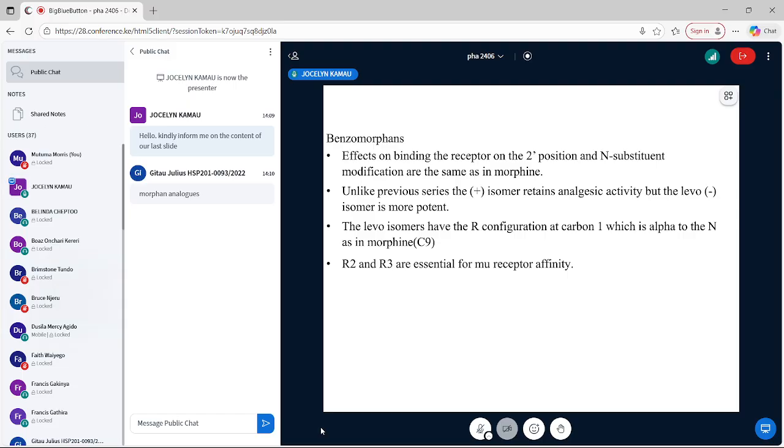If it carries the alpha orientation, the resultant compound is slightly more active than morphine, but almost equipotent, and therefore the toxicity will almost be equivalent to that of morphine.